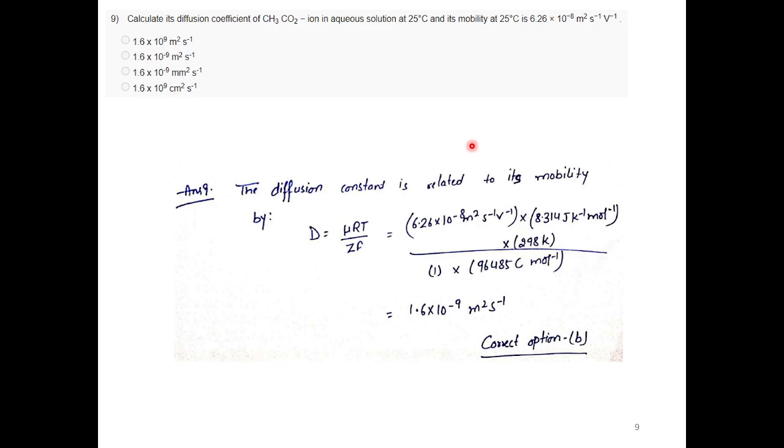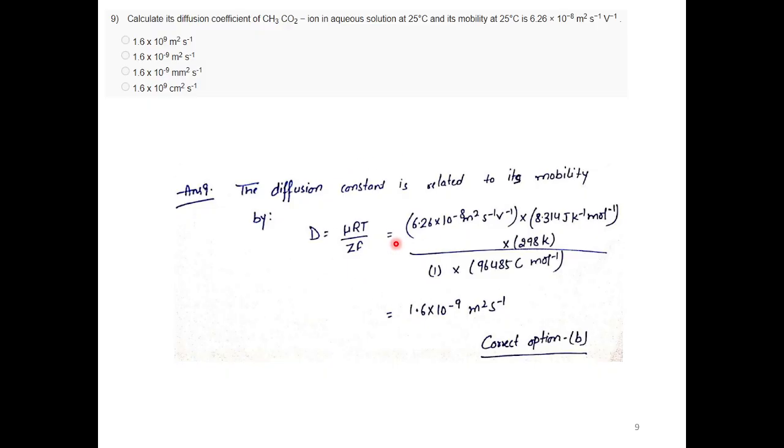So here again you have mobility. What is the definition of mobility? Velocity of the ion per unit potential gradient, right? So meter per second divided by volt per meter. So overall it is coming as meter square per second per volt. So overall this D is coming as mu RT by zF.